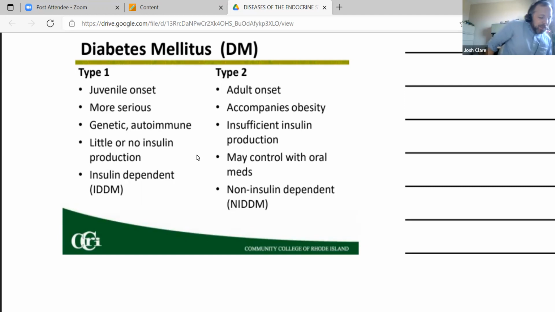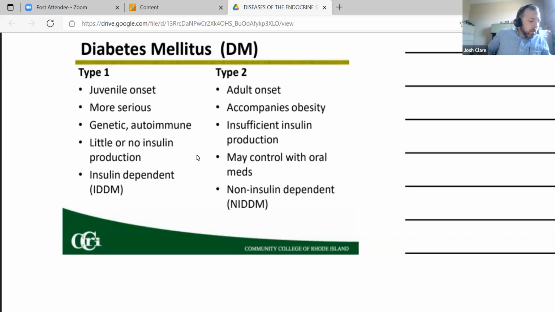Type 2 diabetes is adult onset, with insufficient insulin production, generally accompanied by obesity, and can be inherited or gestational. My wife had gestational diabetes for both of her pregnancies. There is an increased requirement for insulin with pregnancy or obesity, causing an increase in blood sugar when a sufficient amount of insulin is not produced.